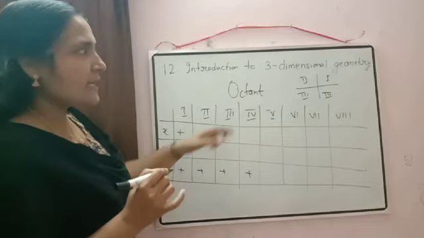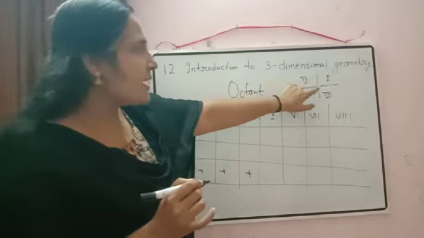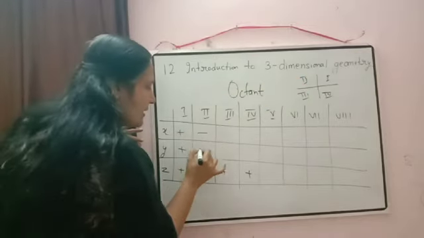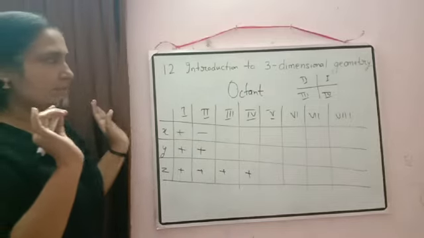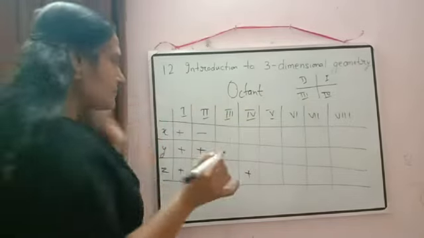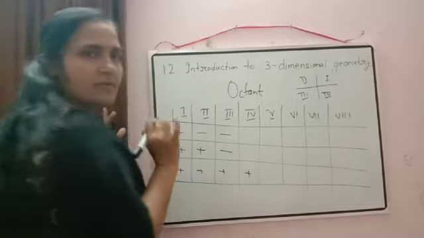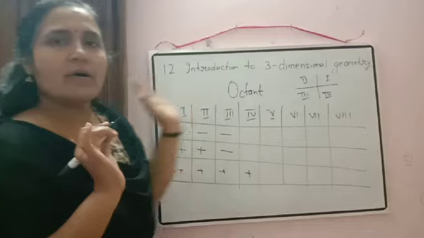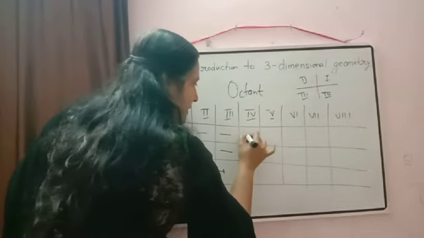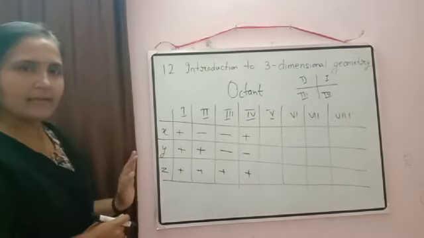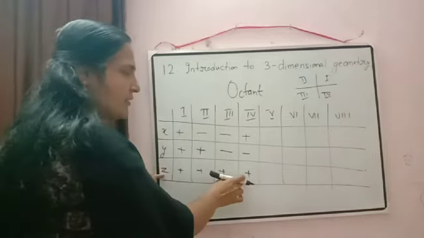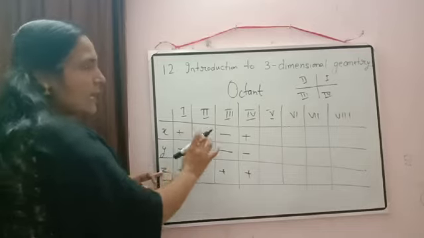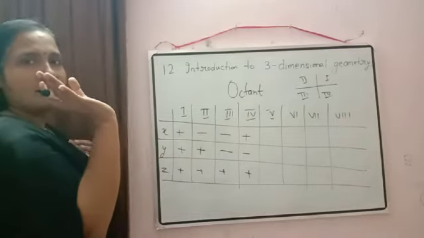So in this way the sign will come. Then in the second, the x coordinate is negative and the y coordinate is positive. In the third one, both are negative. And in the fourth one, the x coordinate is positive and the y coordinate is negative. So this is how we write the sign as we did in two-dimensional geometry.